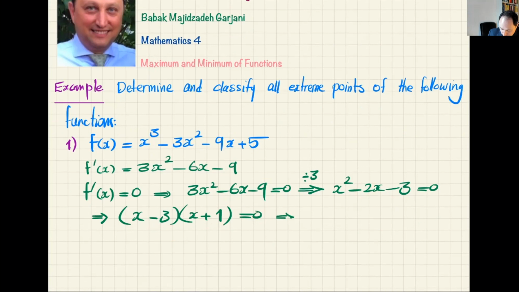So then you get x equal to 3. This is one answer, and the other answer is x equal to -1. Now, please answer this question for me. Is it guaranteed now that this function has local extreme points right now?